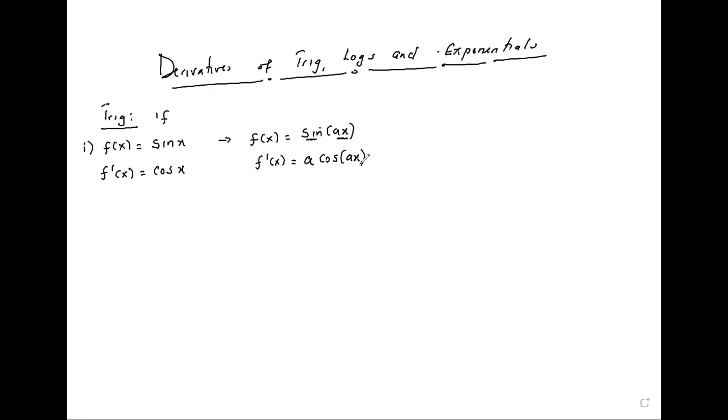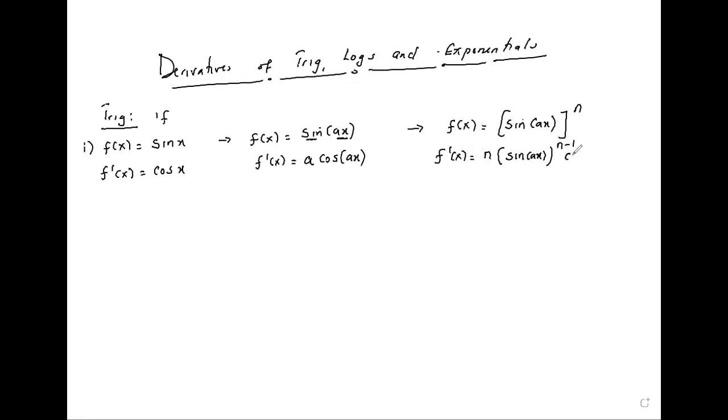Okay. So if the function is changed to f of x, it becomes maybe sine of ax to some power n. Then chain rule now becomes more serious. You first bring down the power, write the whole sine ax to the power n minus 1, and then differentiate sine now.